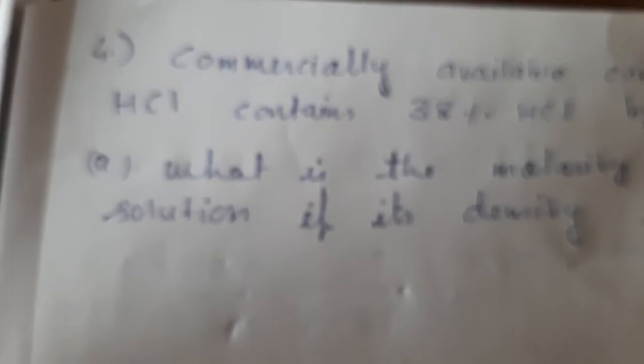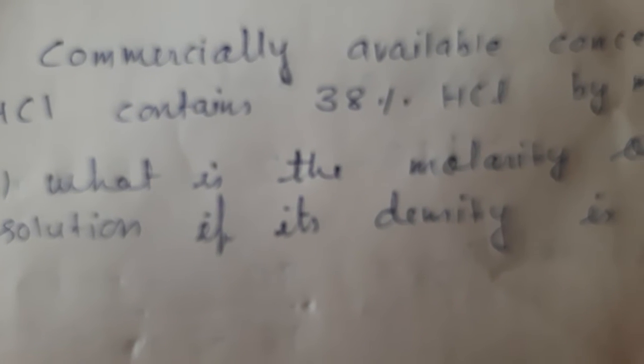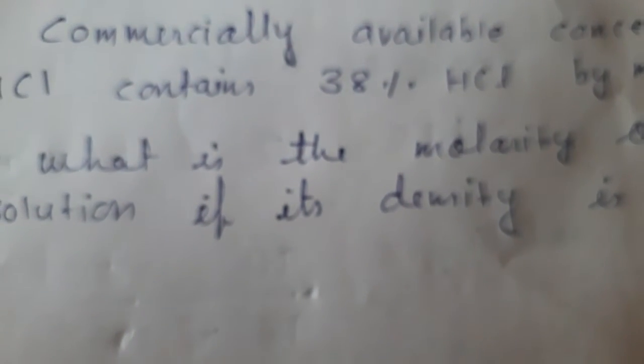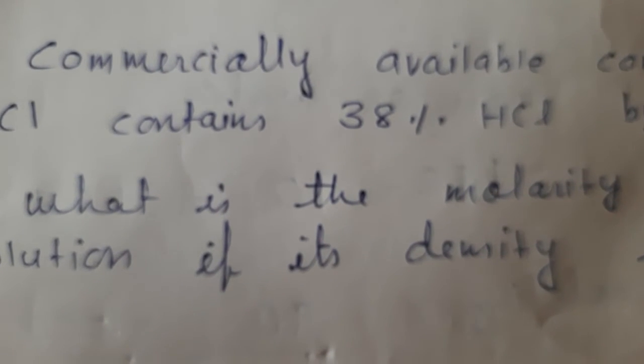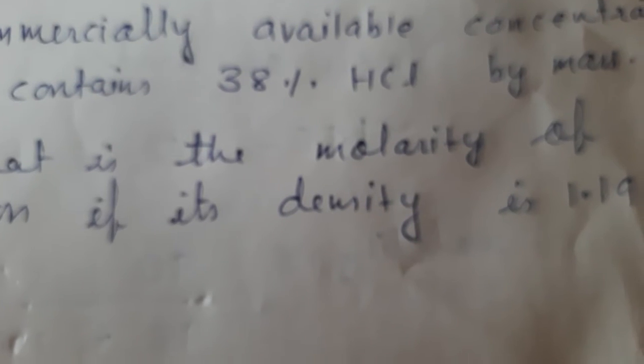Then the next question is: commercially available concentrated HCl contains 30% HCl by mass. Okay, 30% again you understood, 38 gram HCl. So what is the molarity of the solution if the density given is 1.19 gram?